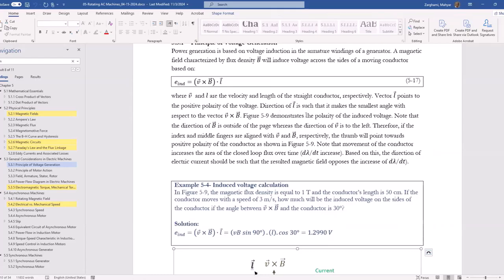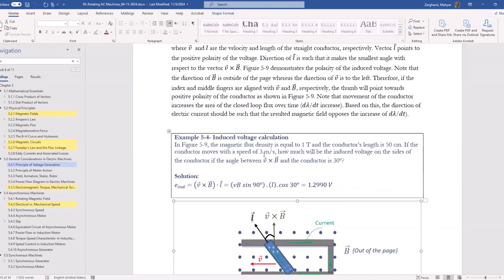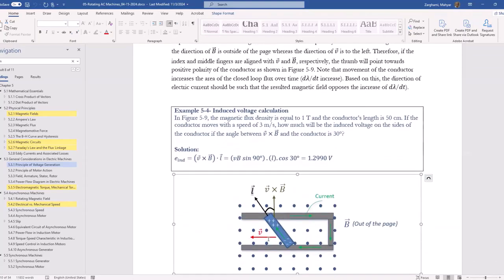And the direction of L is such that it makes the smallest angle with respect to the vector V times B. So look at V, look at the vector B that is coming out of the page. So apply that V times B. The direction of that V times B would be this vector.